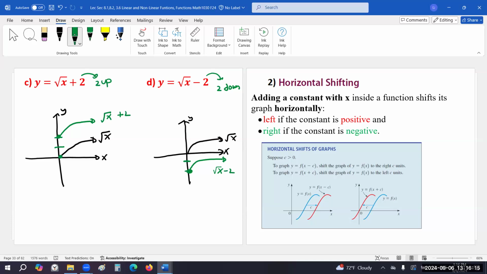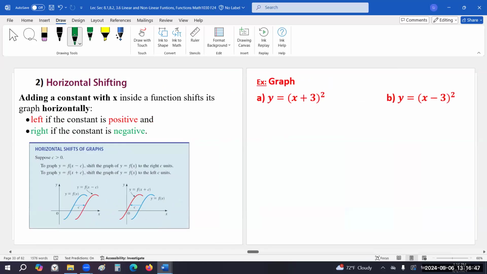Normally, negative means go to your left, because you have negative numbers on the left, positive numbers on the right. So when you subtract a number inside the function, it should go left, but actually it goes to the right. So when we have a number inside a function, plus means go left, minus means go right.